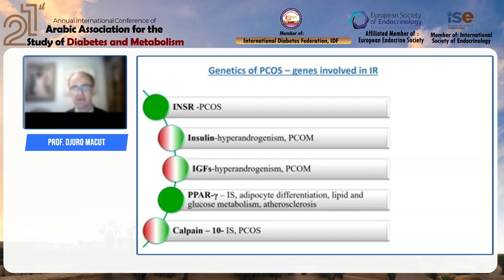PPAR gamma is quite interesting and not so much in focus today, because it affects adipocyte differentiation, lipids, and glucose metabolism, and could be used as a therapeutic direction in these women. But because of the lack of quality drugs or combinations, we do not have many results in this area, and I will talk about that on the last slide.